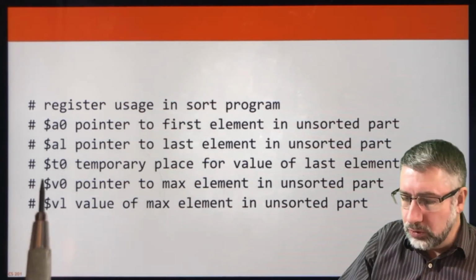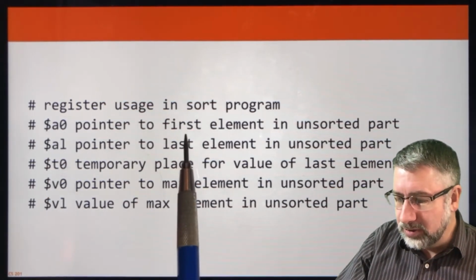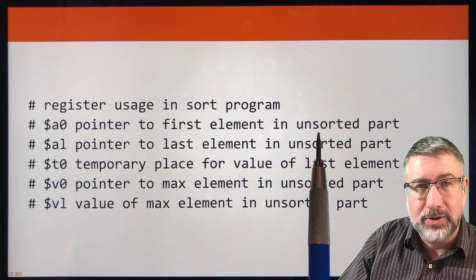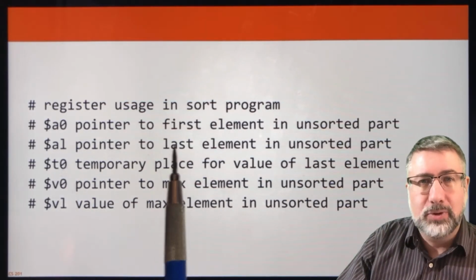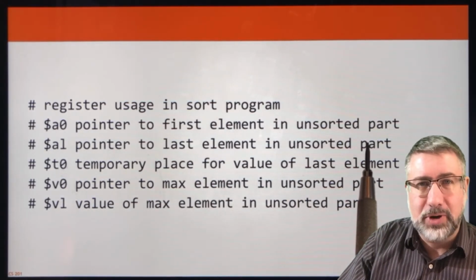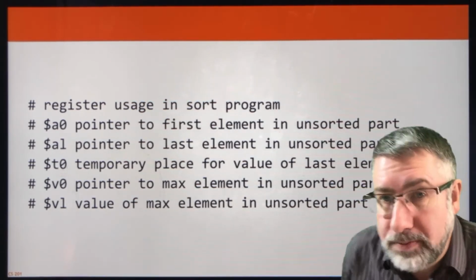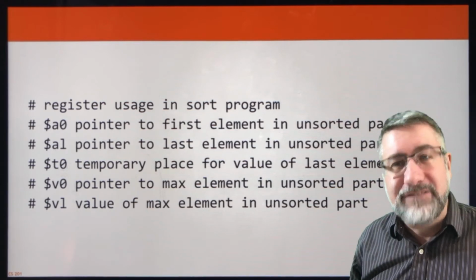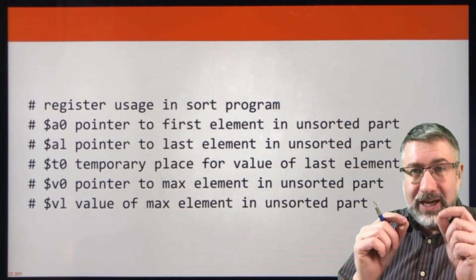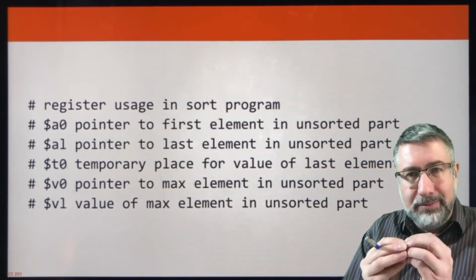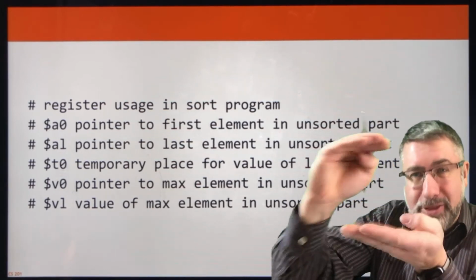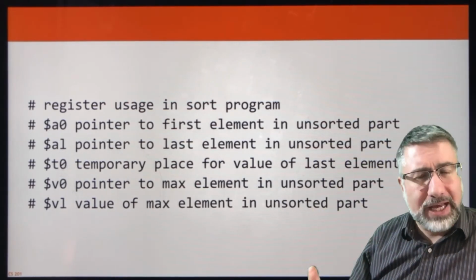So we're going to use A0 to point to the first element in the unsorted part. We're going to use A1 to point to the last element in the unsorted part. And then I'm going to use those A registers as arguments to a subroutine that's going to find the index and value of the maximum element in the list indicated by those two pieces. So it's sort of like a mutable array, right?